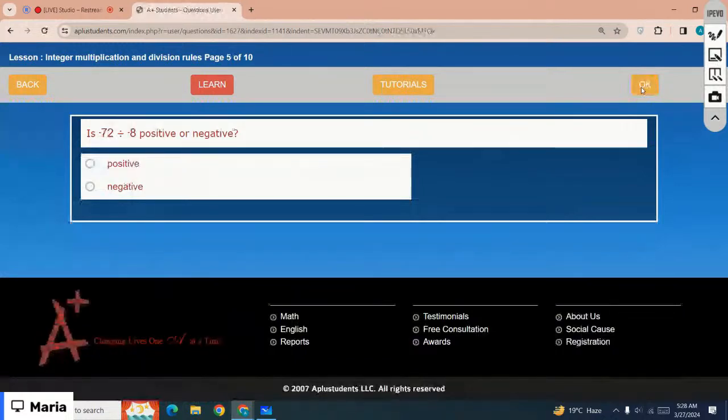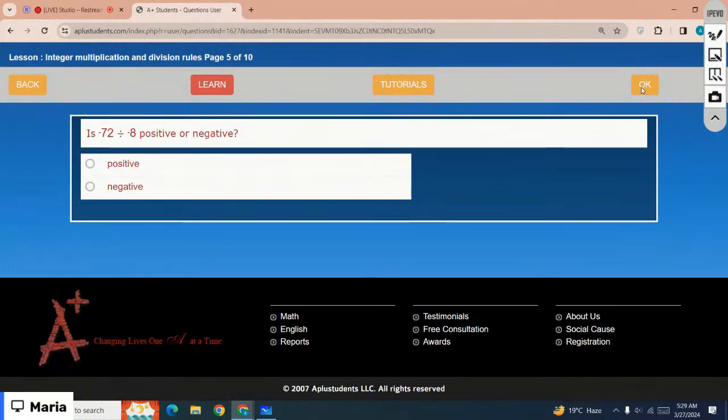Is negative 72 divided by negative 8 positive or negative? You are dividing two negative numbers, right?